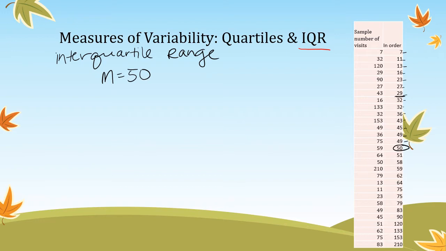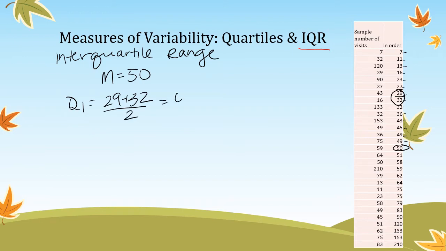Yep, we're good. So the interquartile range, much like the median, if it's not an odd number and it's even, like in this case 14, we're going to say that it's halfway between these two. So we're going to take the average. So quartile 1 is going to be 29 plus 32 divided by 2.